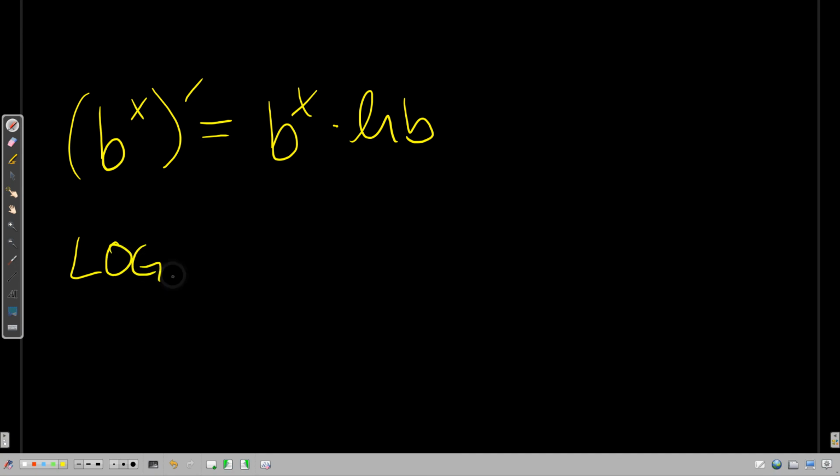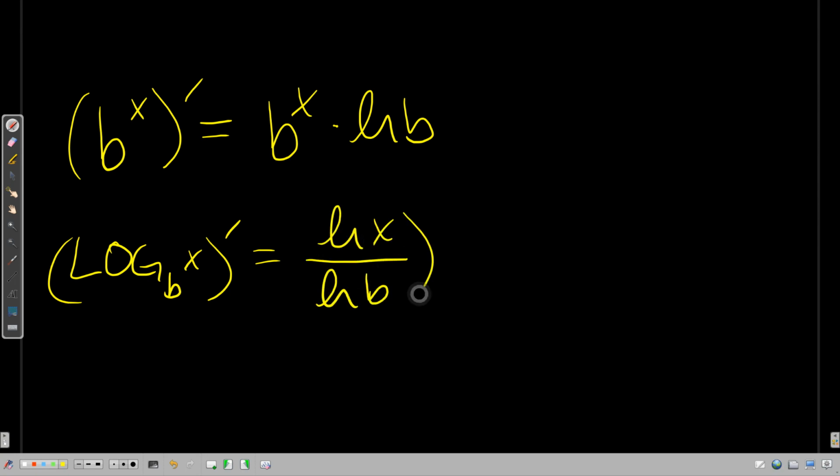And log base b of x gets shifted around to look like a natural log of x over a natural log of b, before taking a derivative, so that we can use what we already know about the derivative of the natural log.